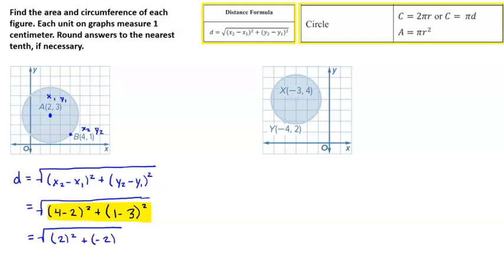Now, make sure that you're keeping the answers in parentheses. You don't want to take them out of parentheses while you're squaring. And so that is now going to be 4 plus 4 equals the square root of 8. So for this first one, the radius here is going to be the square root of 8.